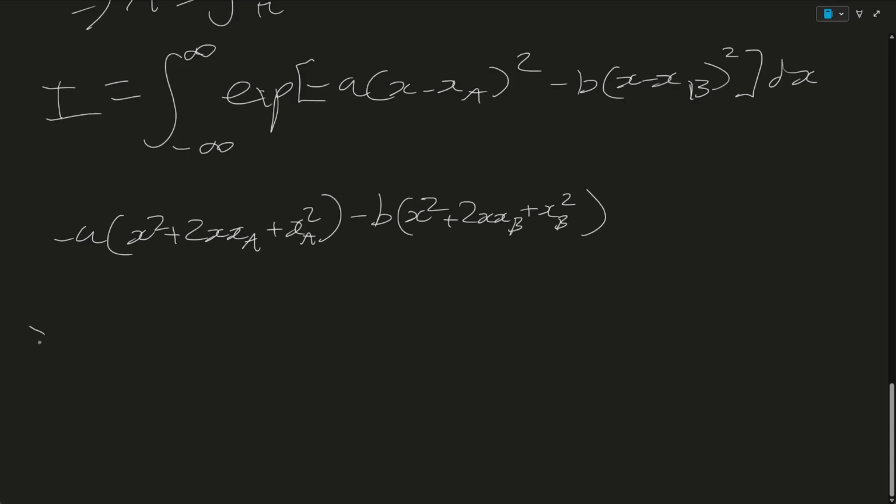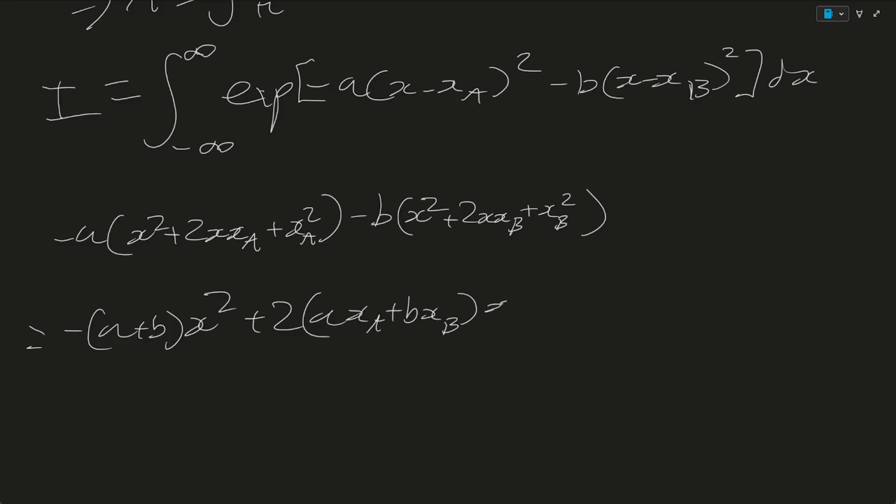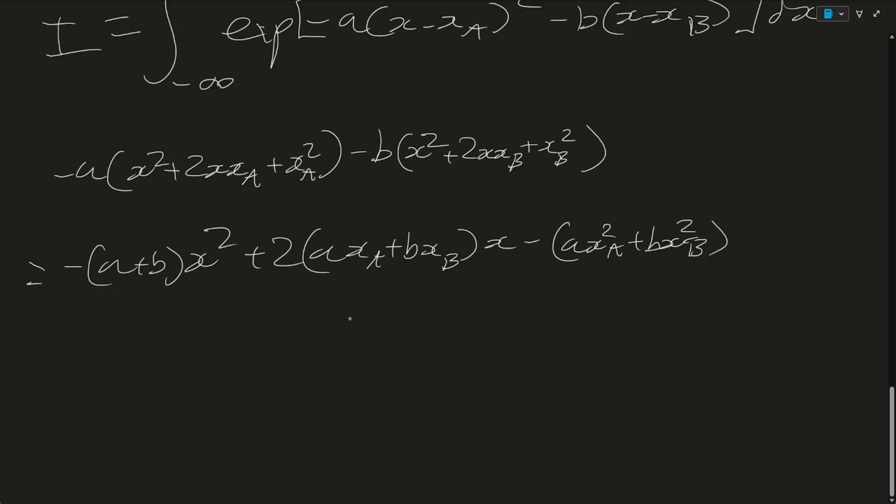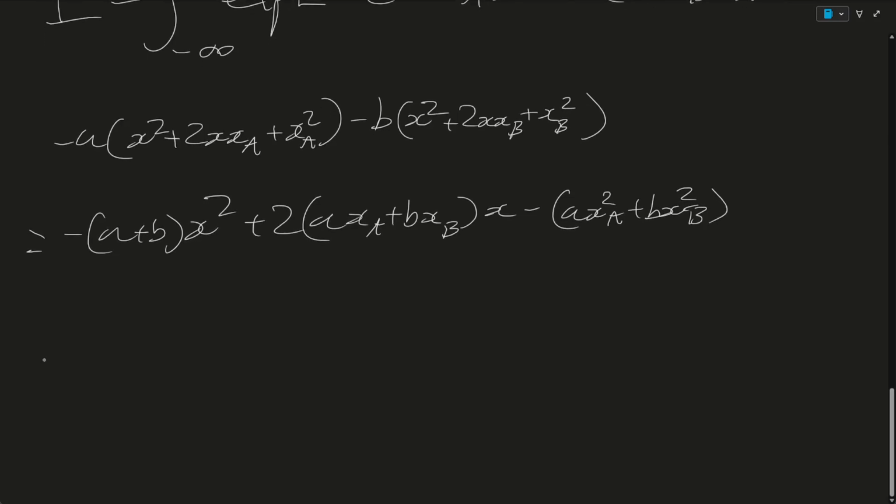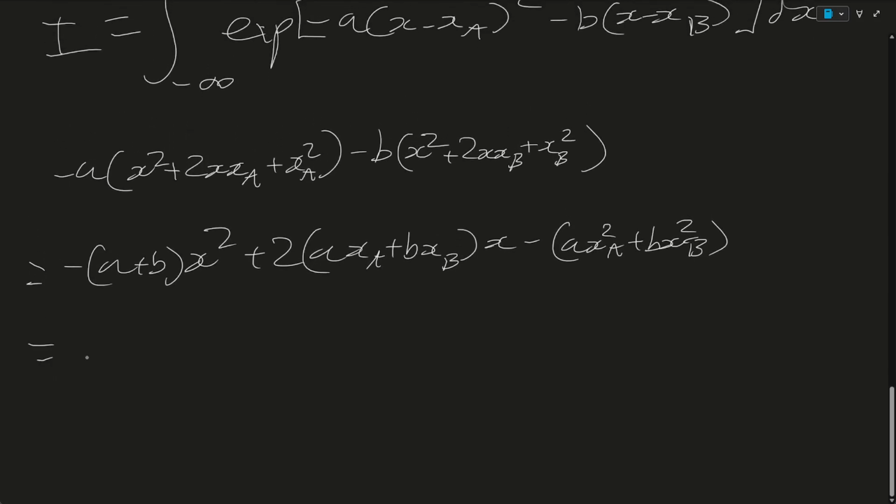And this is equal to minus, factoring out minus (a plus b), x squared minus 2x (a x_a plus b x_b) over (a plus b). Complete the square, I think, is what I would like to do.